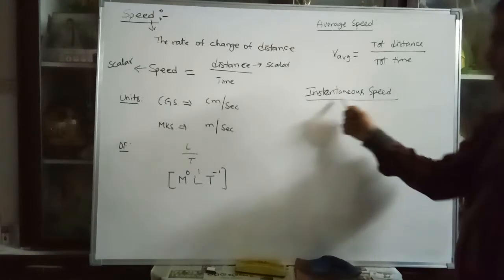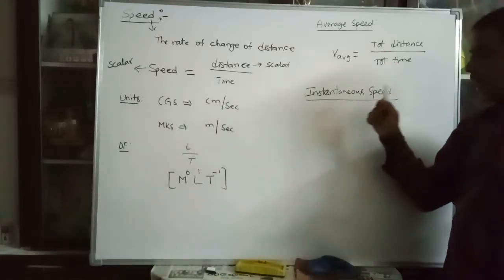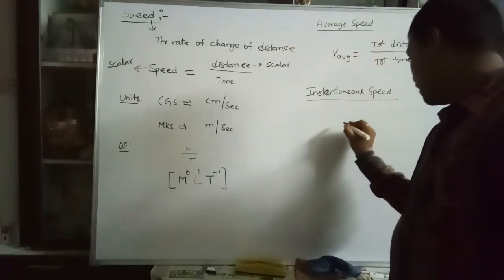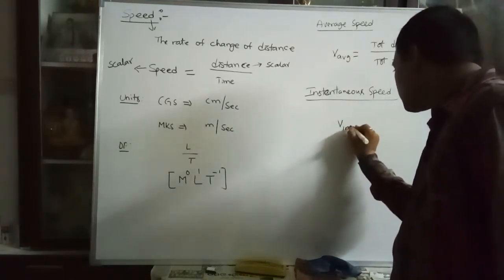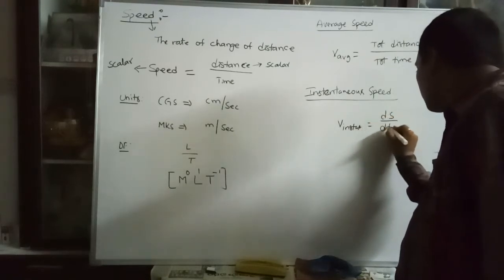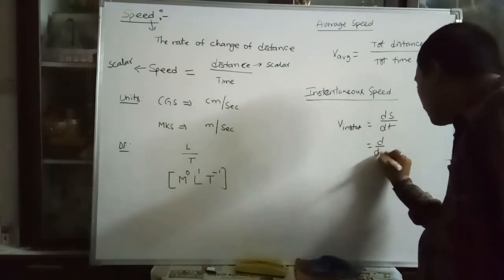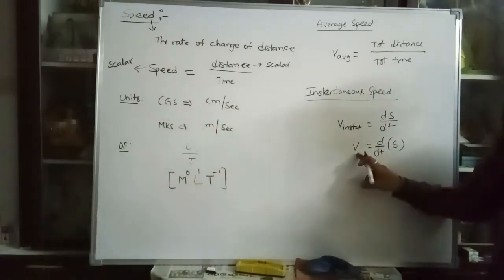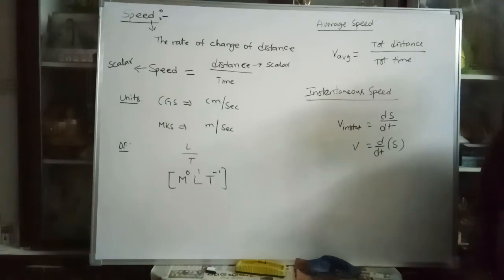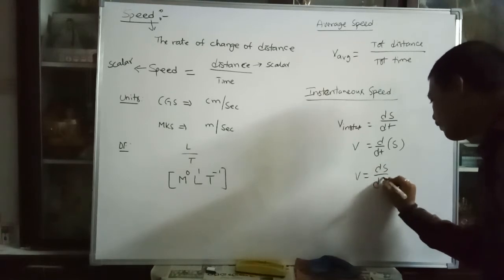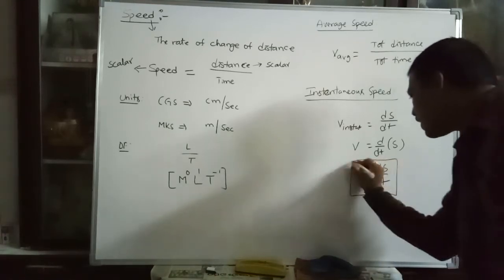In a similar way, instantaneous speed is nothing but the speed at a particular time, which is represented by V instant equal to ds by dt. The rate of change of distance is called speed. This is instantaneous speed, and the first derivative of distance is called speed.